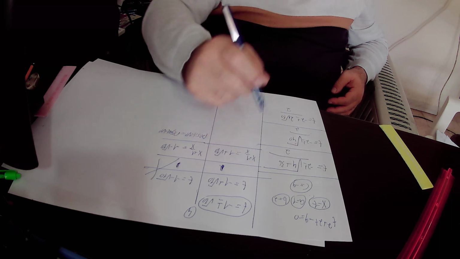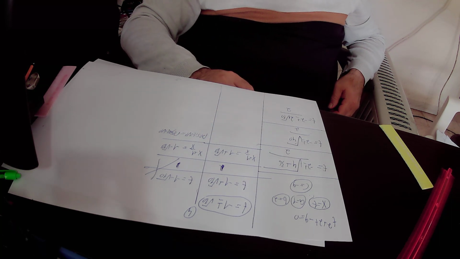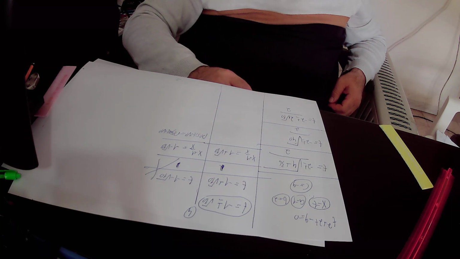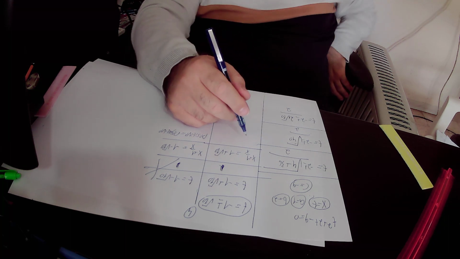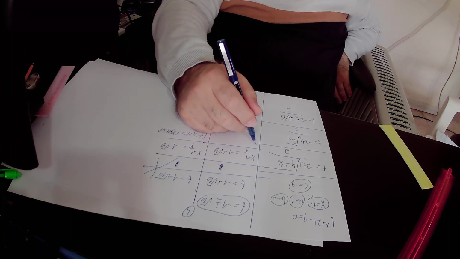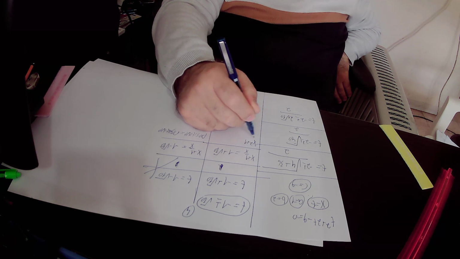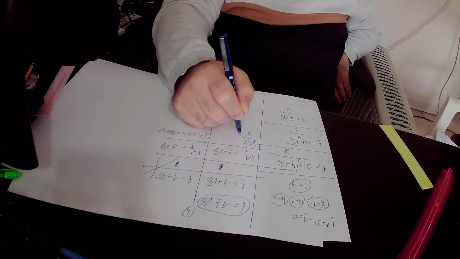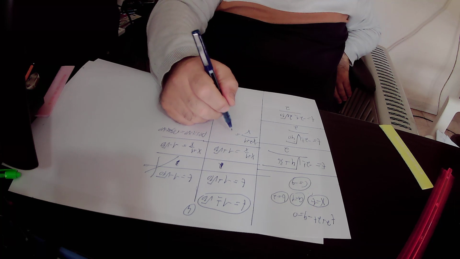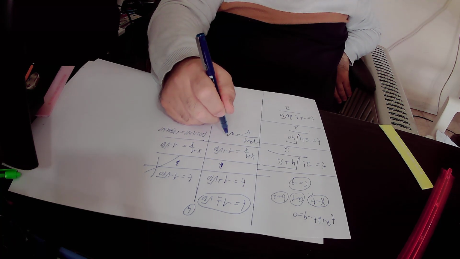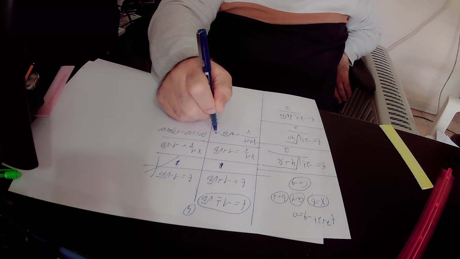Here we will multiply x by x, and then we divide it by x in order to have a common factor with 1 over x. And we have here x squared plus 1 over x equals square root of 10 minus 1.